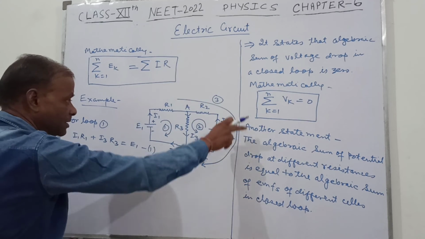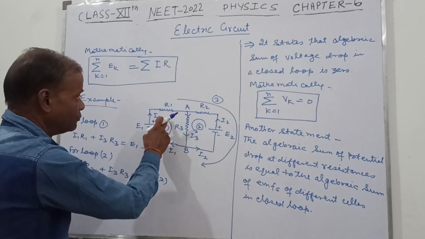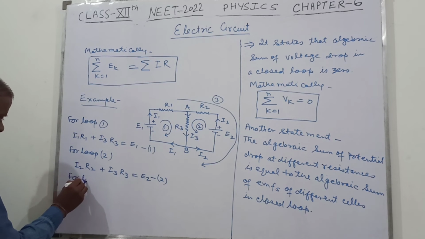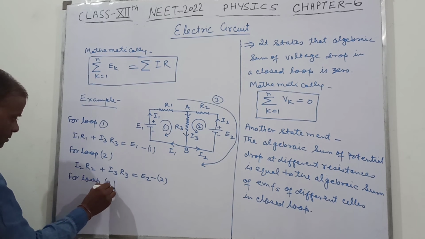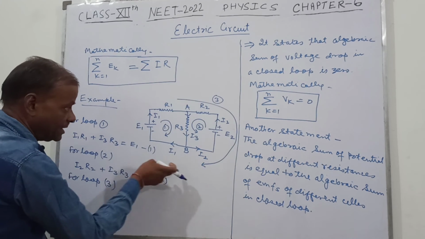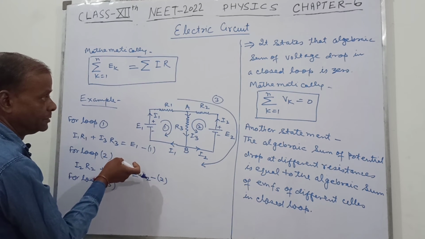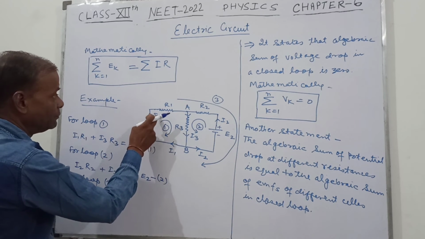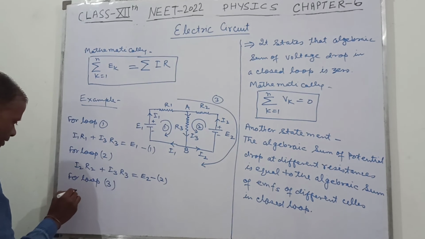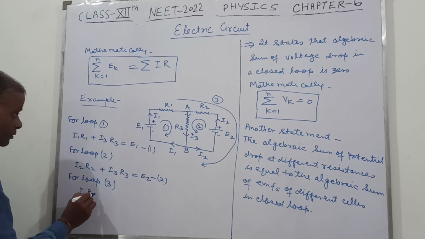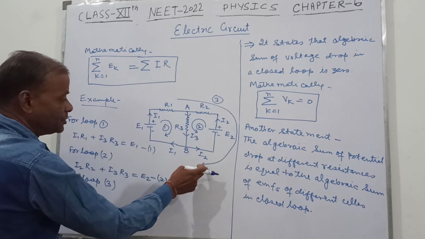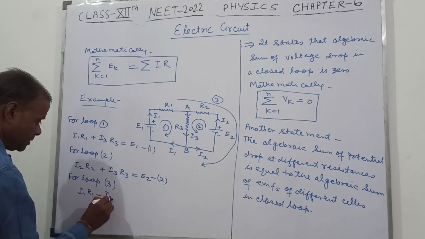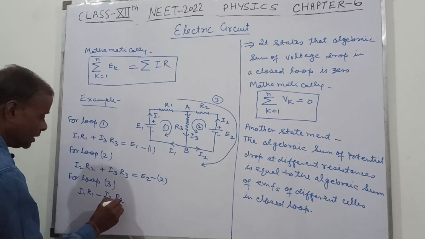And then we are taking the third loop, that is the outside resistances, for loop 3. When we are going like this, the current will be taken to be positive and opposite to this will be taken negative. So I1 is in this direction, so we have I1 R1. Now this current is opposite to this direction, so I2 is negative, minus I2 into R2.